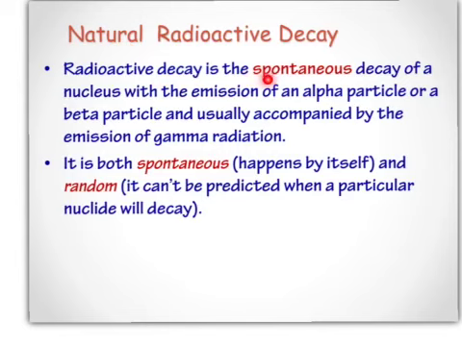First of all, it is spontaneous decay of a nucleus with the emission of either an alpha particle or a beta particle, but not both, and usually accompanied by the emission of gamma radiation. And radioactive decay is both spontaneous, happening by itself, and random. No particular pattern, it cannot be predicted.